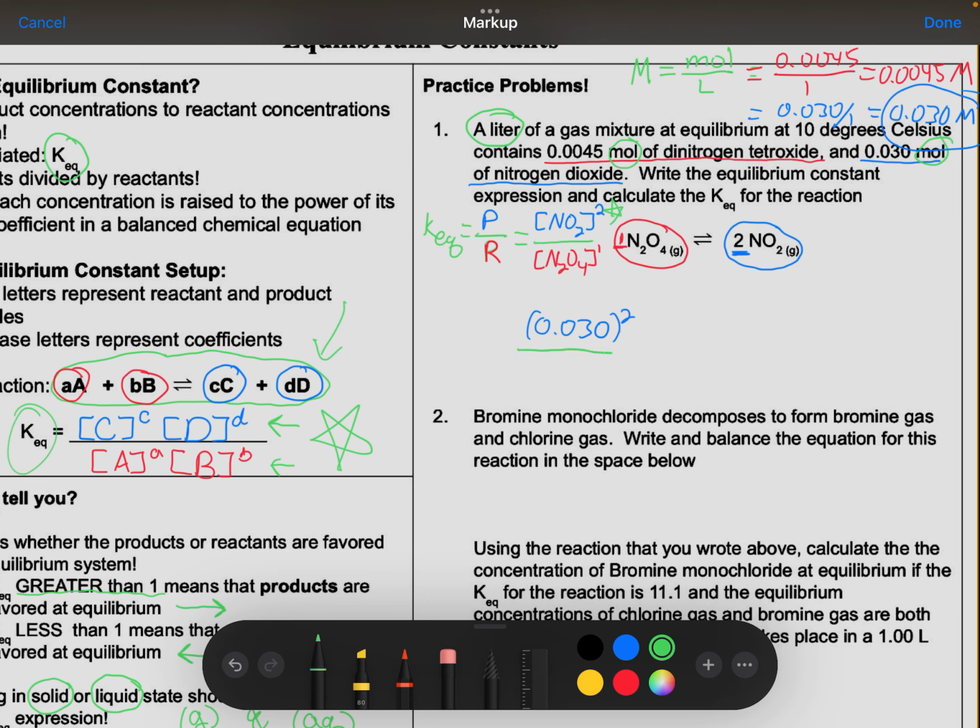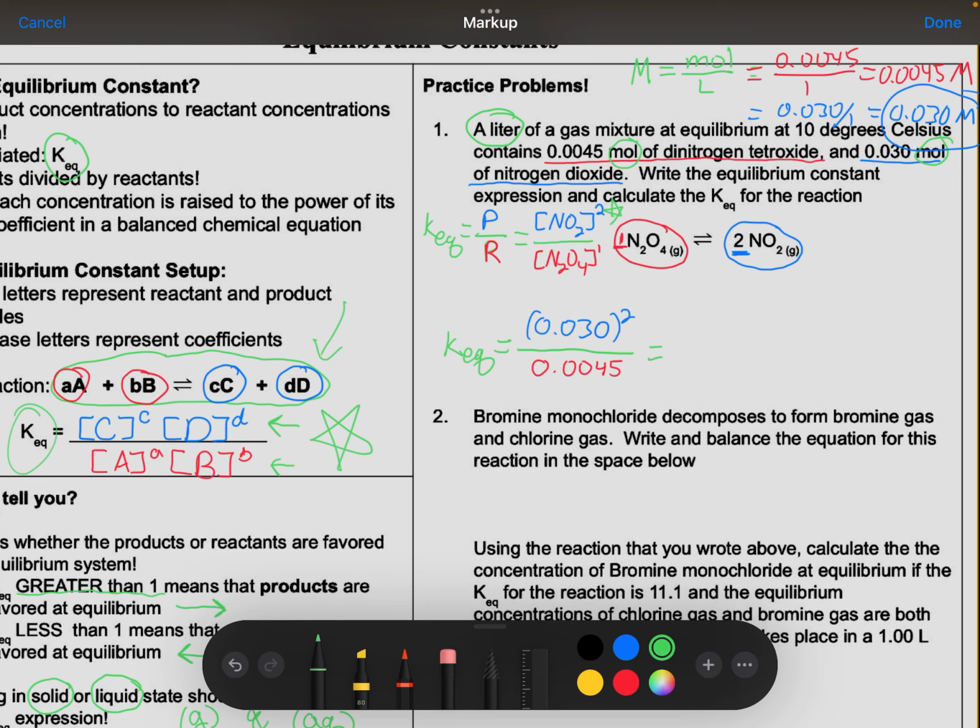Now on the bottom, I have my other concentration, my 0.0045. And that one was not raised to any specific power other than 1, so I can just go ahead and go 0.0045. And again, that is all equal to my KEQ value, which is what the problem wanted me to figure out in the first place.